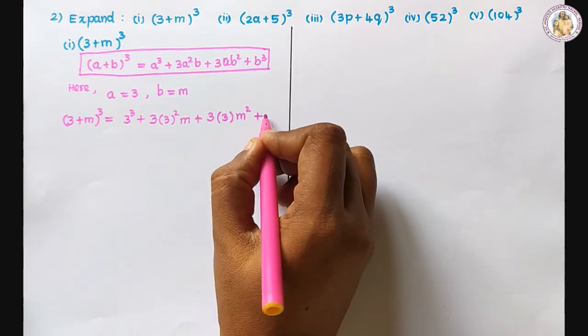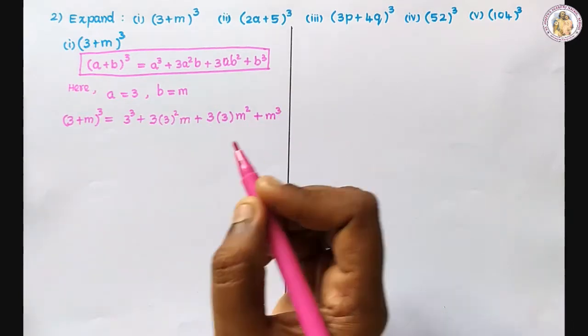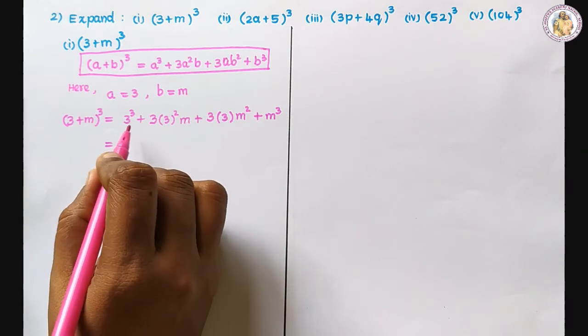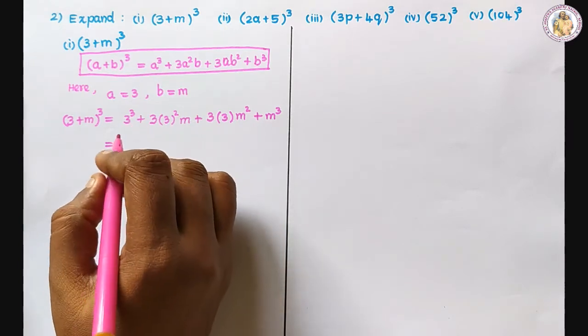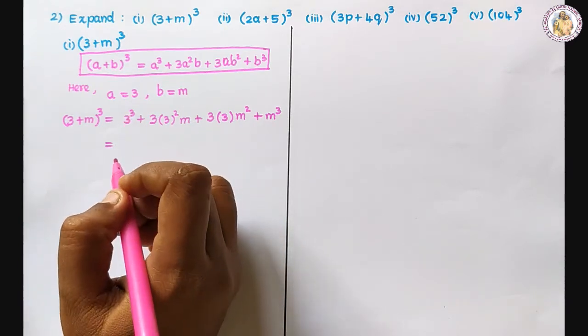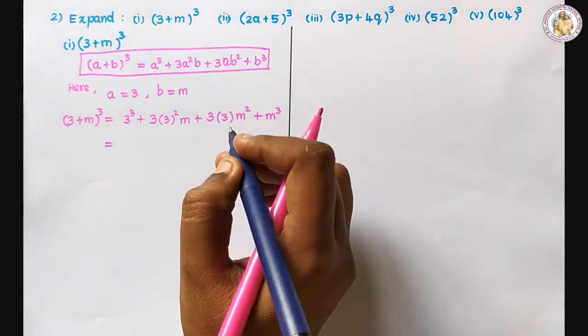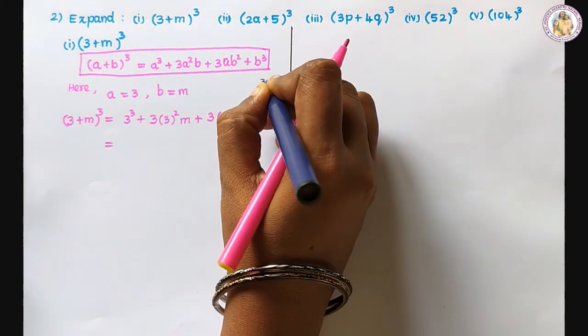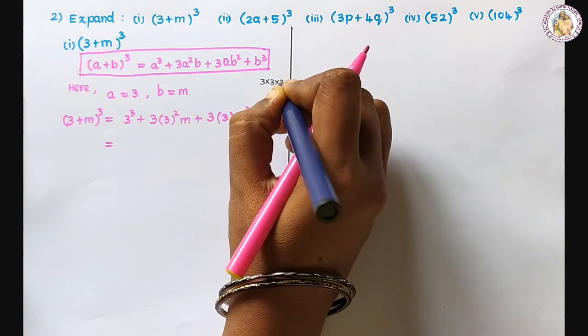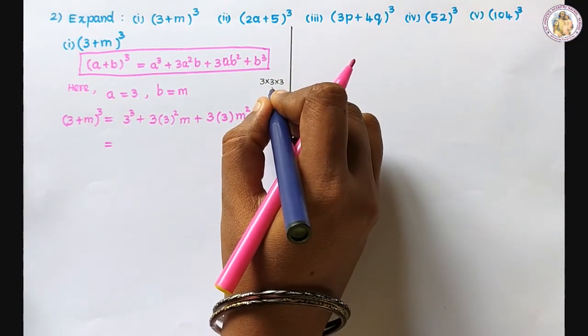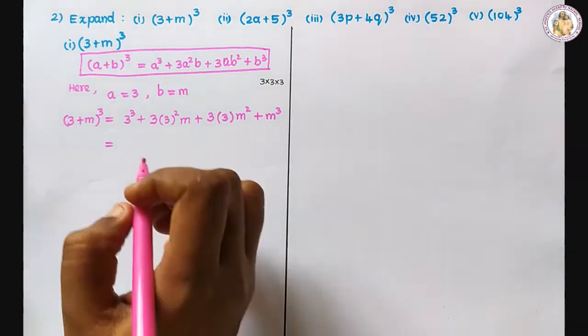B cube means m cube. Substitute the values. Now simplify that. 3 cube: 3 into 3 into 3. 3 3s are 9, 9 3s are 27.